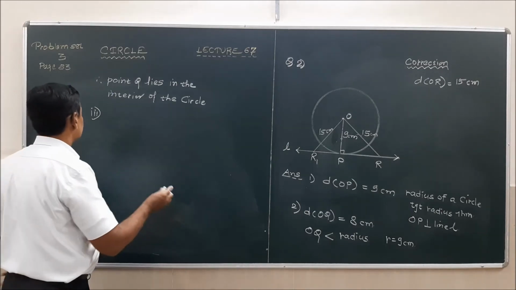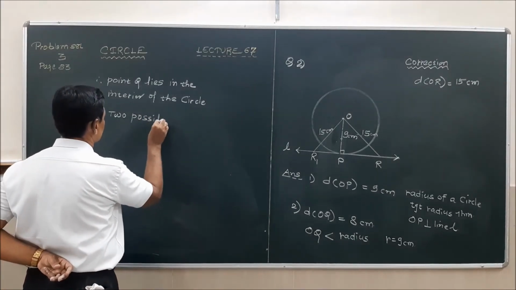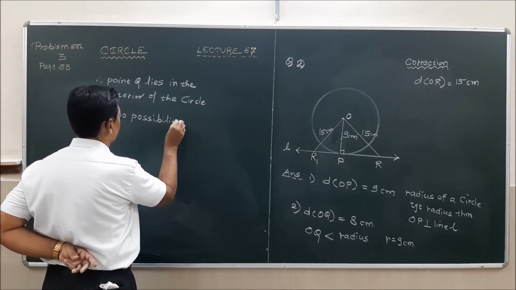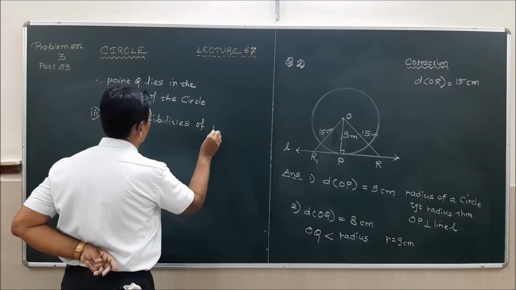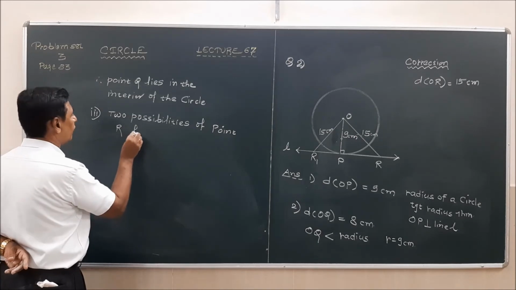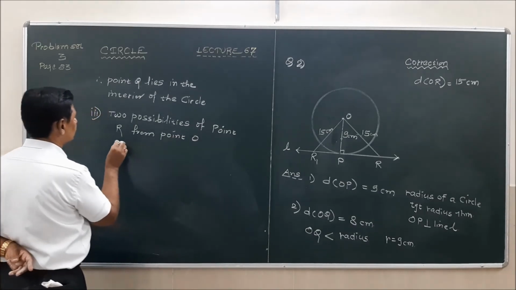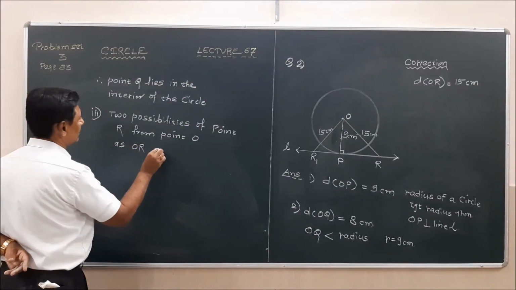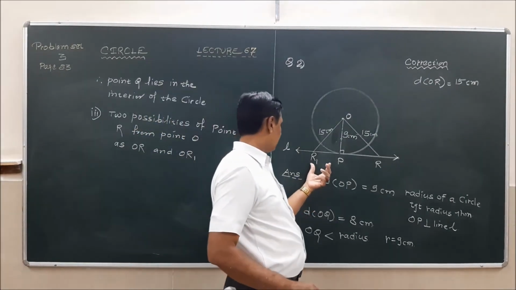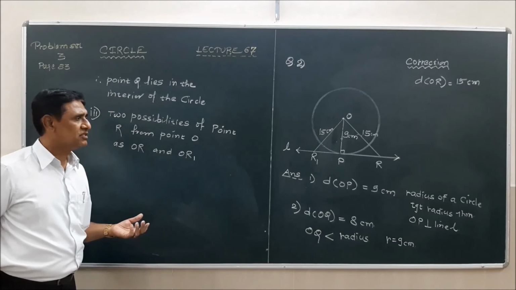So the answer to 3 is 2 possibilities of point R from point O, as OR and OR1. R1 can be here, R can be here. And they asked at what distance from P.